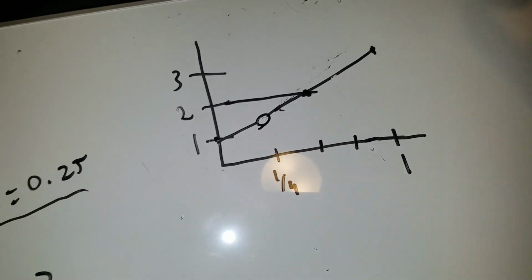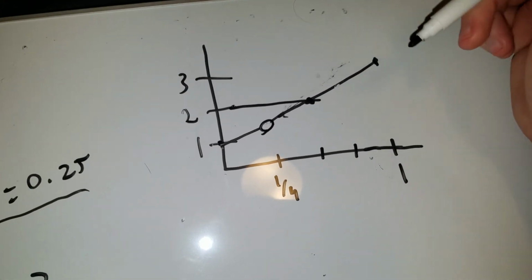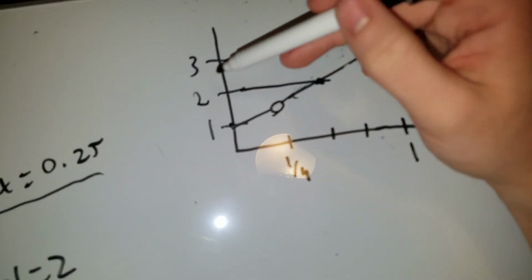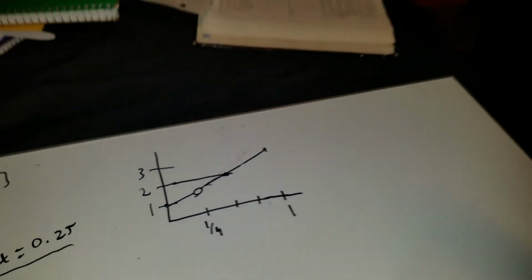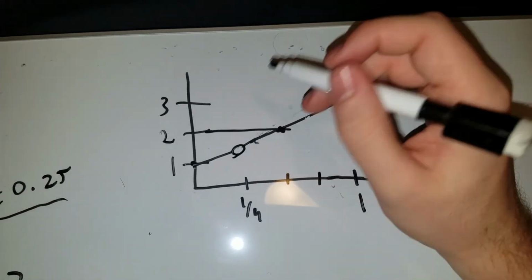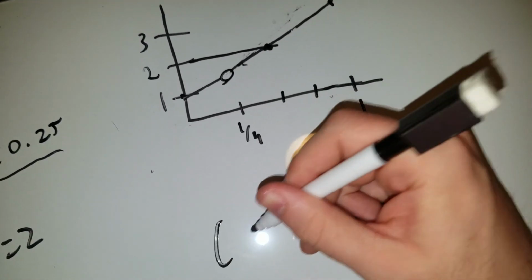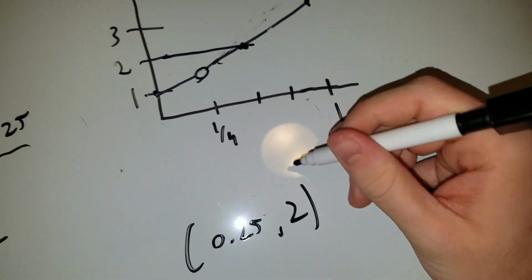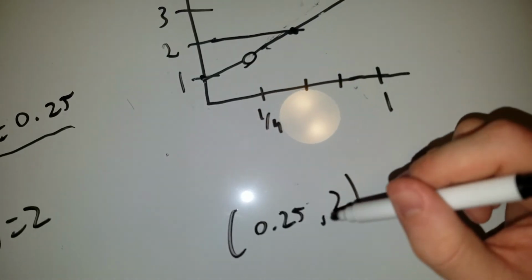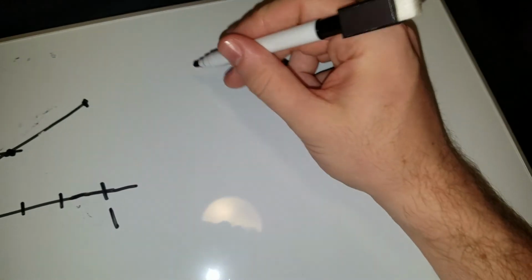One where it satisfies the fact that there exists a point on the graph where it crosses through y equals 2, which it does in this one, and then one where it doesn't. And so what that would look like is basically there would have to be a point at 0.25 or 1/4, 2, because we know it's not continuous there, but it's continuous everywhere else. So it would look like this.